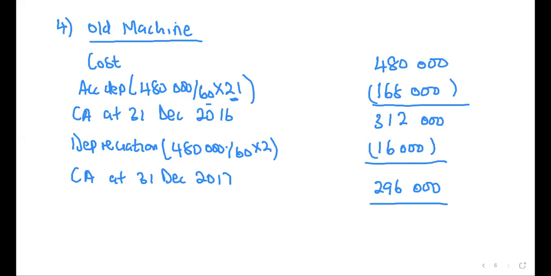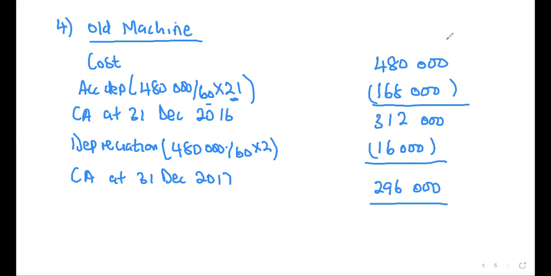So it's going to give us how much? 480,000 plus 625,000 is going to be 1,105,000.